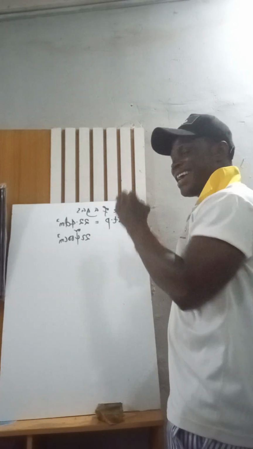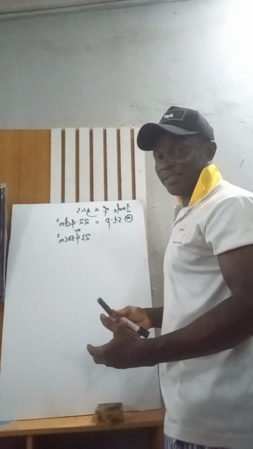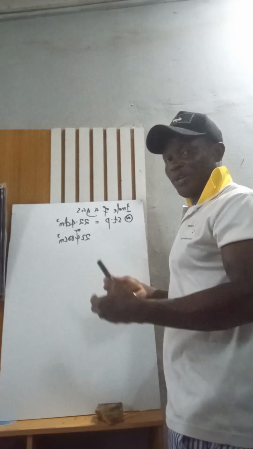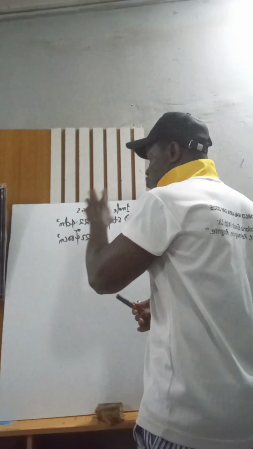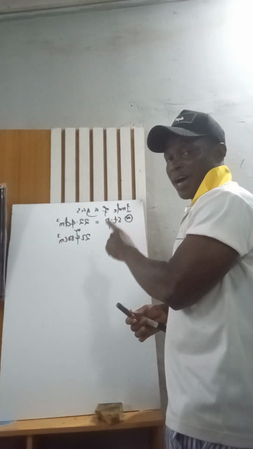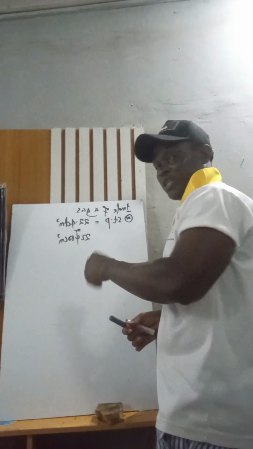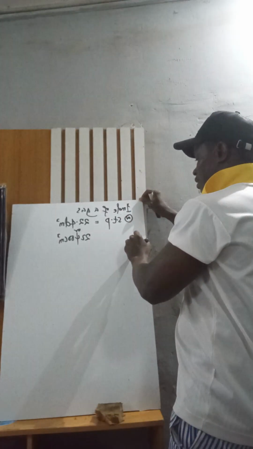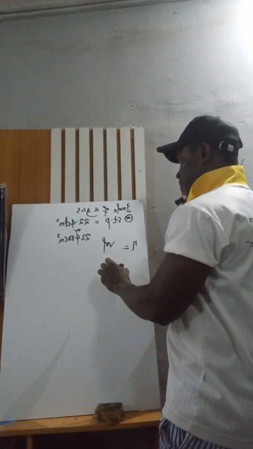Anytime you are given a question and you have to calculate the volume or calculate anything that has to do with a gas at STP, you must put this in your mind. It's something that you must know. So how do we use it? Now, number of moles is equal to volume.